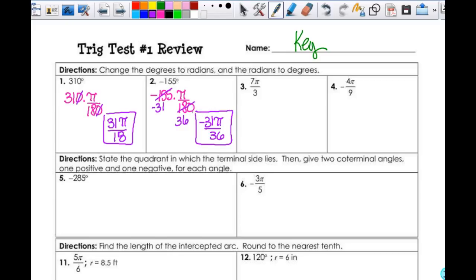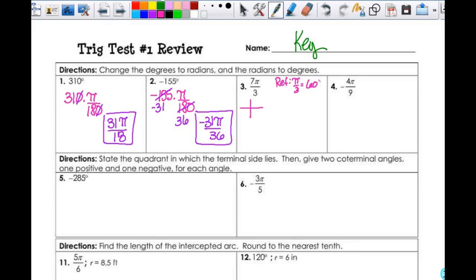All right, so then when I'm going from radians to degrees, this one looks like one I should know. The reference angle here is pi thirds. So think about what's happening on my unit circle here. I know that my reference angle is pi thirds, which means my reference angle in degrees is 60.